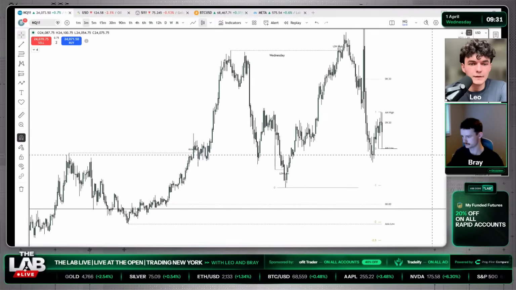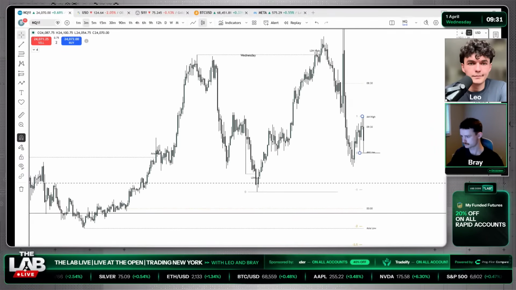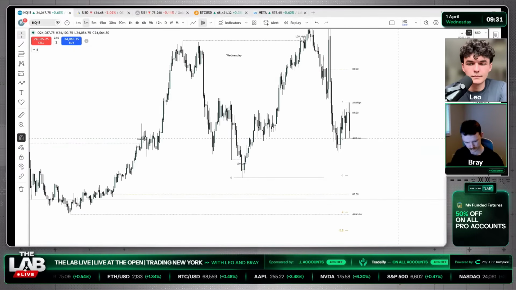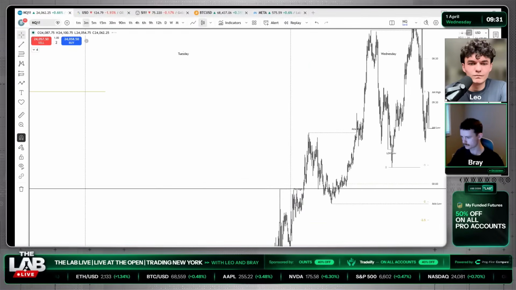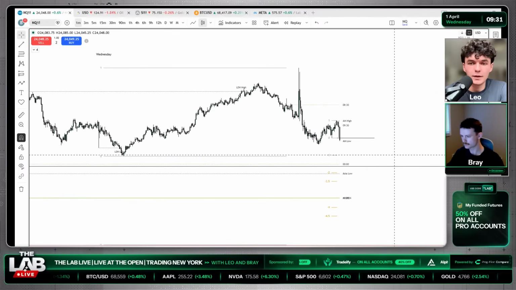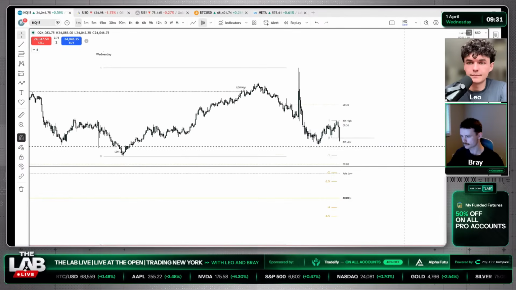Looks like we'll probably continue higher on NASDAQ as well, but patience, patience, patience. NASDAQ continuing lower, YM continuing trending higher here.